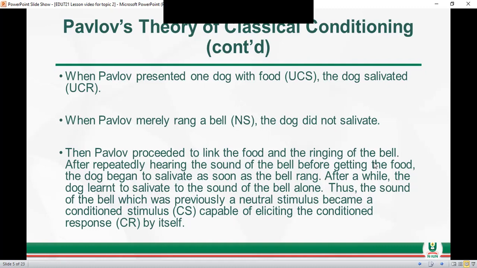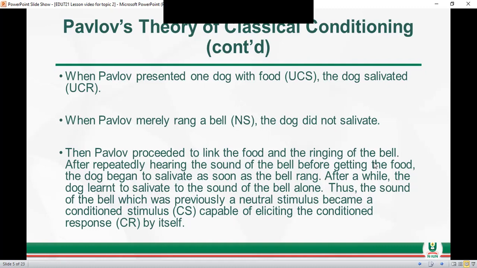He did that multiple times: he would ring the bell and then present the food to the dog. The next time the dog is hungry, he would ring the bell and present the food to the dog, and the dog continued to salivate at each instance. After a while, the dog learned to salivate.